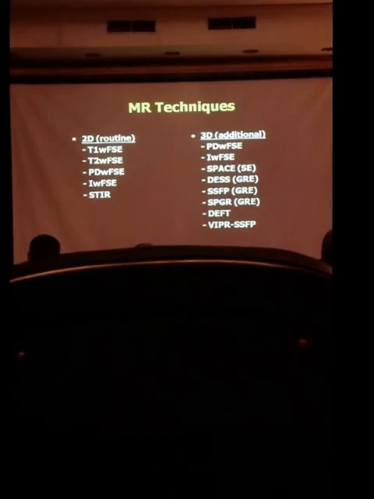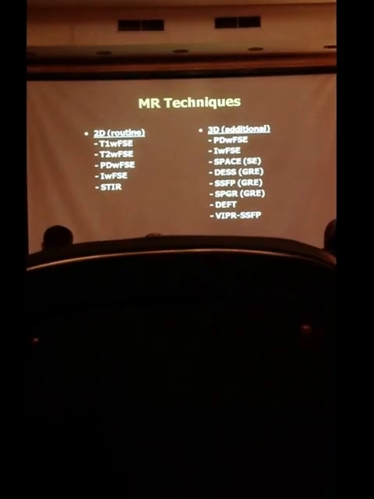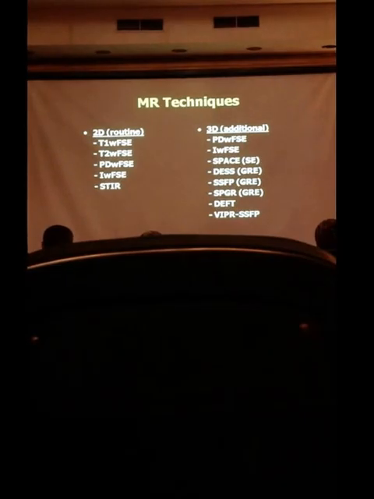This is a very busy slide, so you can see that we have a bunch of different techniques available on MRI to assess not only cartilage but other joint structures. What we call here the routine techniques is what we use on a clinical basis to assess any joint, not specifically cartilage, and we have different techniques and different tissue contrasts like T1, T2, proton density, intermediate weighted and STIR.